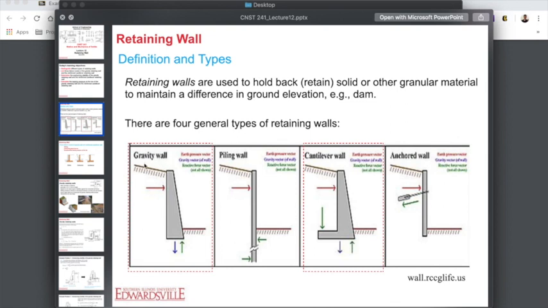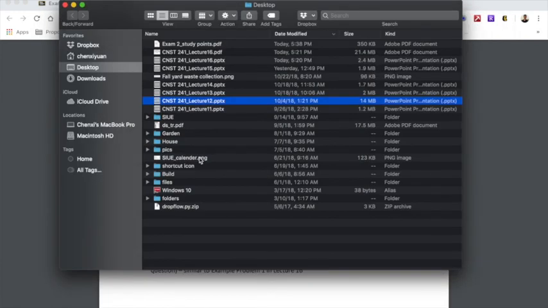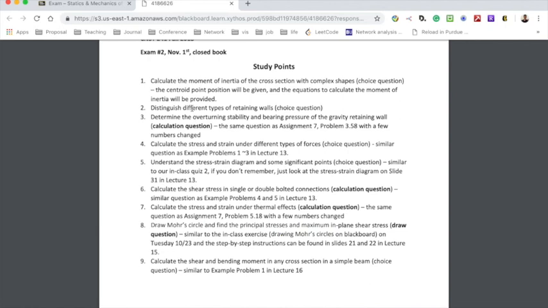So you need to know, okay, this one is the gravity wall. If I ask you which is the cantilever wall, this is the cantilever wall. This is the anchor wall. This is the pivoting wall. So you need to know how to distinguish the different retaining walls. Okay, this is the example for this one.